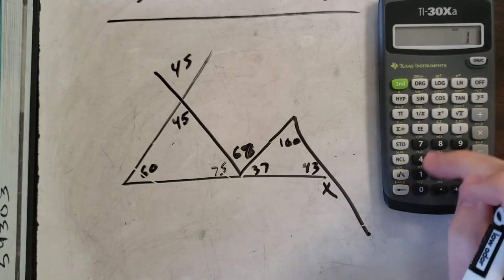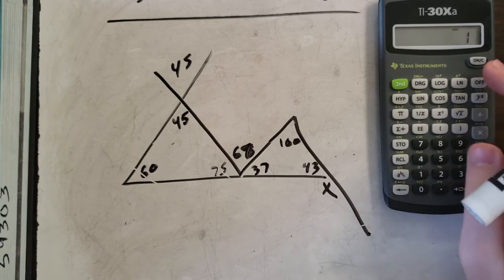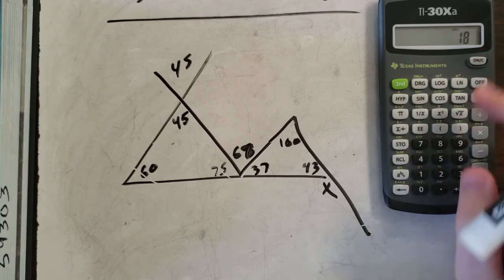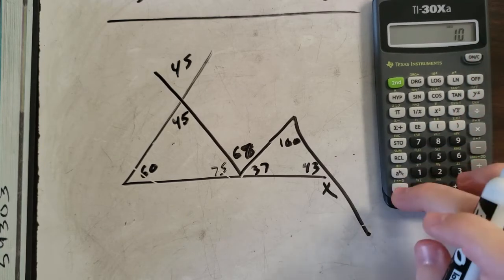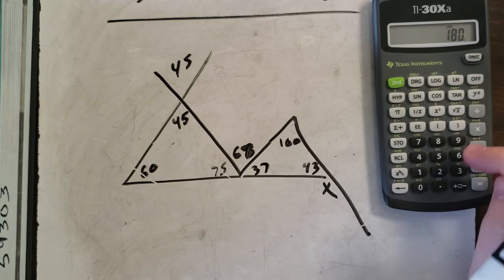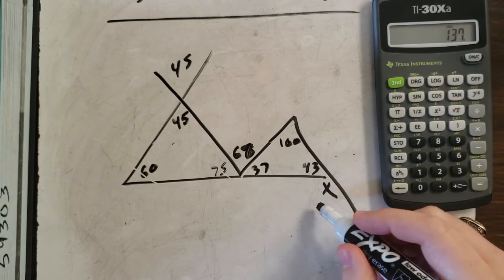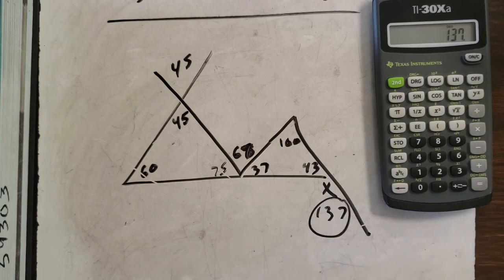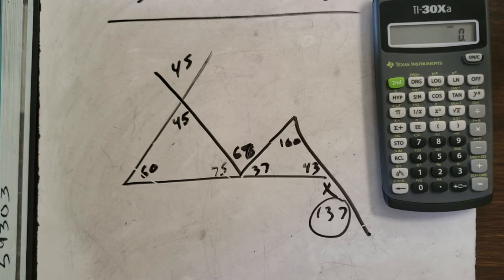And then the last step is 180 minus 43, and we get 137. That's our ultimate answer. Step by step. Add them up, subtract from 180. That's the biggest rule out of this whole process.